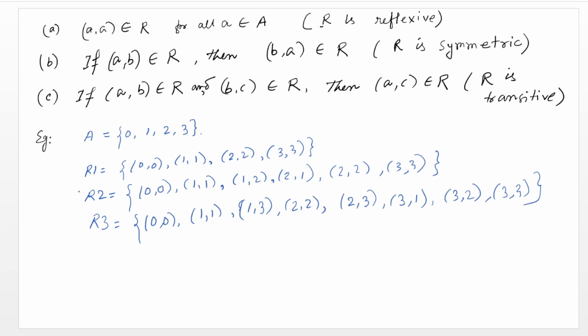Now, among these relations, which of the relations are equivalence relations? Now come to the relation R1: (0,0), (1,1), (2,2), (3,3). These satisfy the first property, that is for all elements 0, 1, 2, 3 of the set A, this is the reflexive property.